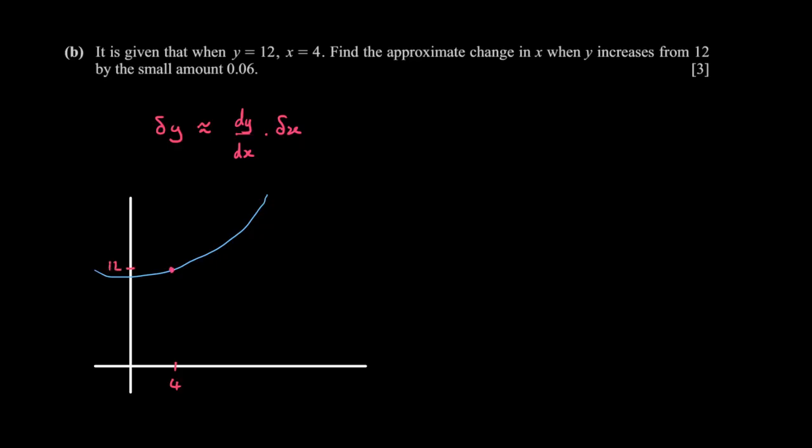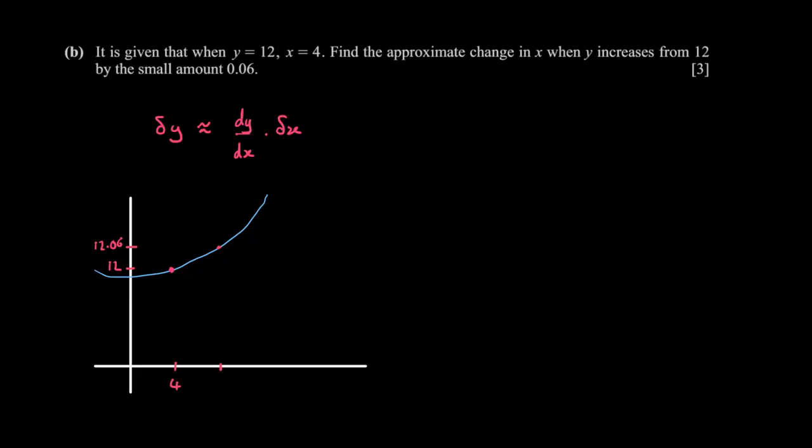We want to find the approximate change in x when y increases from 12 by the small amount of 0.06. So we imagine that we go up a little bit to 12.06. So we would be going to that point there on the curve. And what we want to find is the corresponding change in x.